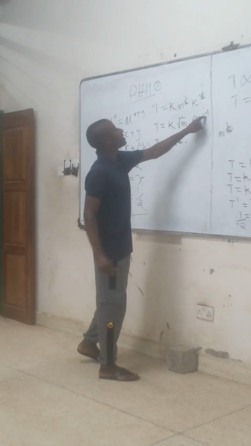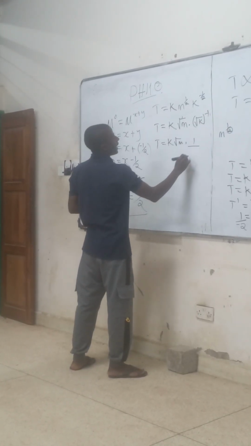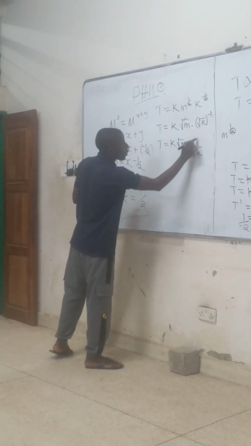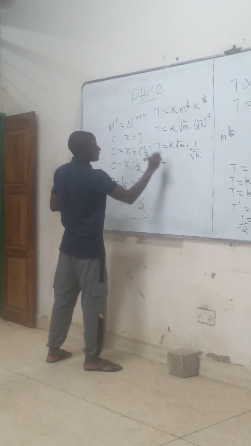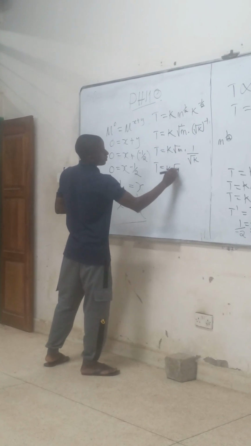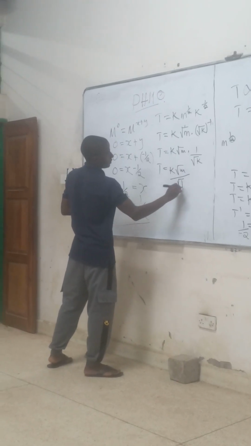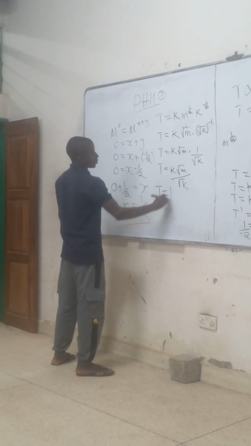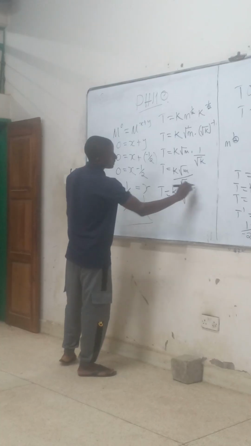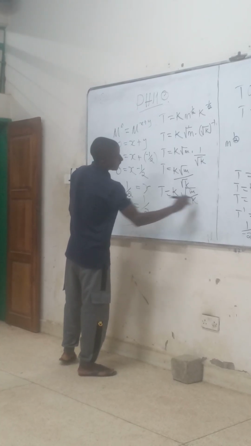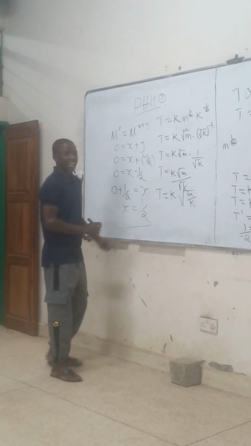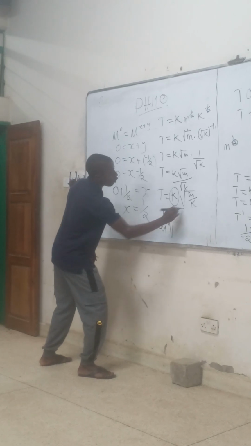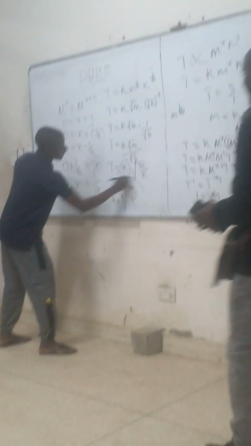To kill this negative, you have to do 1 over square root of k. So t is equal to constant times square root of m over k. Now, to the one who was asking the question, this constant means 1 over 2 pi, like that, times the square root of m over k.